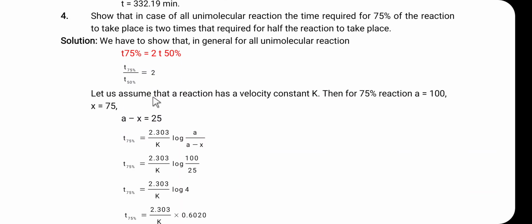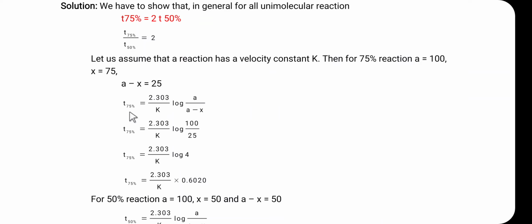So, let us consider that the reaction has a velocity constant k, then for 75% reaction A is equal to 100 and x is equal to 75, and here A minus x is equal to 25. So, here T 75% for the first order reaction is equal to 2.303 divided by k log of A upon A minus x.